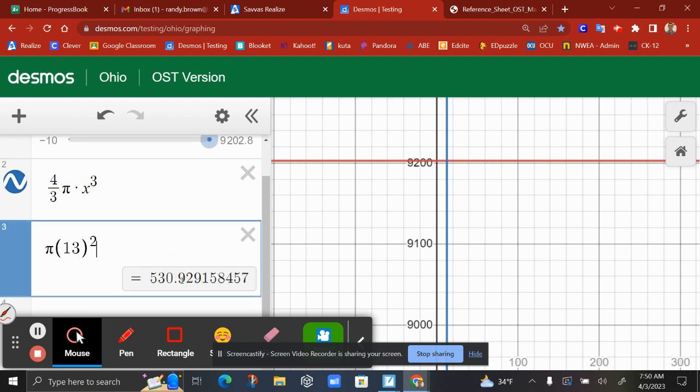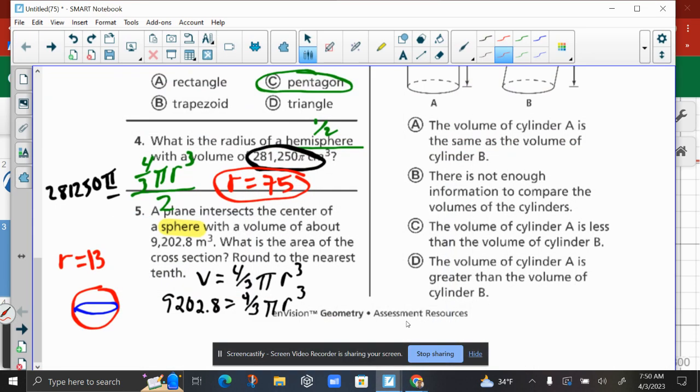So our answer is 530.9. It says round to the nearest 10, so we are going to keep it at 530.9. The 2 tells us keep the 9 the same. So our overall answer for the area is 530.9.